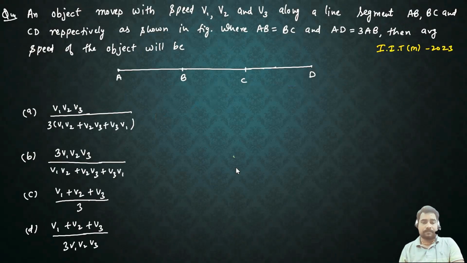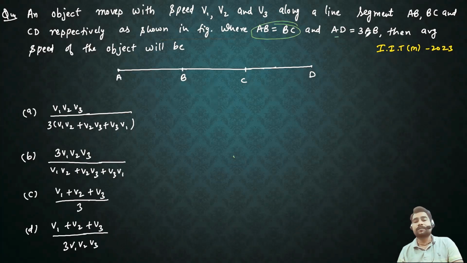Next question. This question was also asked in the year 2023. An object moves with speed v1, v2 and v3 along line segments AB, BC and CD respectively as shown in the figure, where AB is equal to BC and AD is equal to 3 times AB.